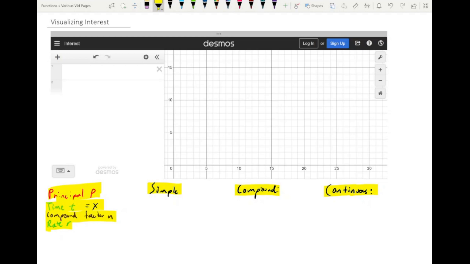Now, there's some nice compact formulas for how much money you'll have after some amount of time X has passed. For simple interest, that compact formula is P times 1 plus R times T. For compound interest, that is P times 1 plus R over N, all to the power of nt.